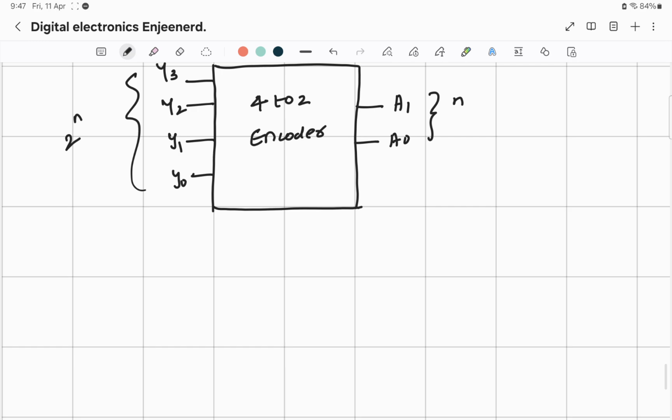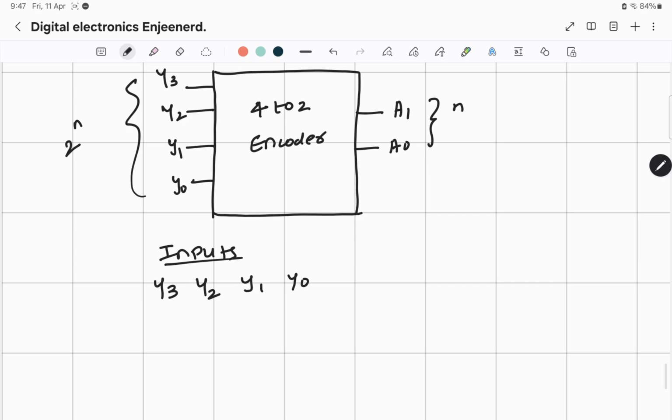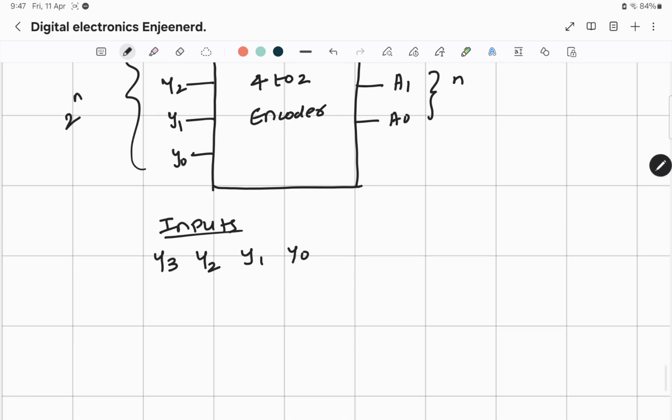If you see, there are 4 inputs, so these are my inputs y3, y2, y1 and y0. At any given point only one pin has to be high, and whichever pin it is, its equivalent binary will appear at the output.